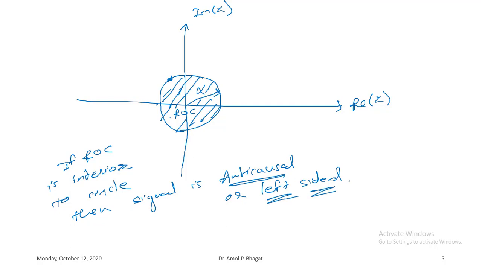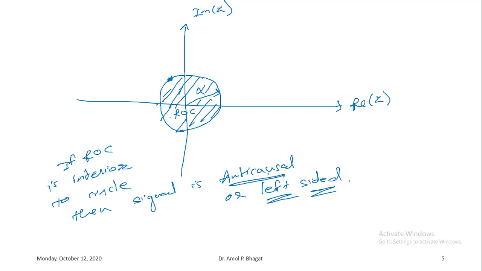Left-sided means the values of the signal are present only on the left-hand side of the origin. Values will not be present on the right side of the origin. Therefore it is called a left-sided signal, or it is also referred to as an anti-causal signal. We have seen two classifications in the previous session, causal and non-causal, right?